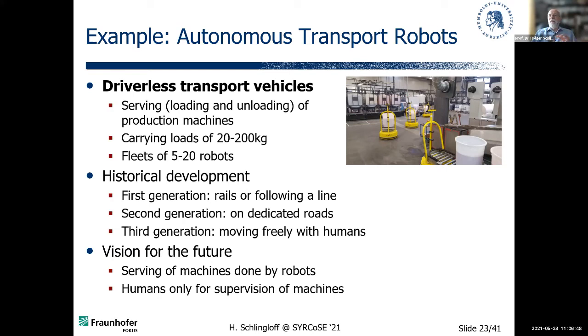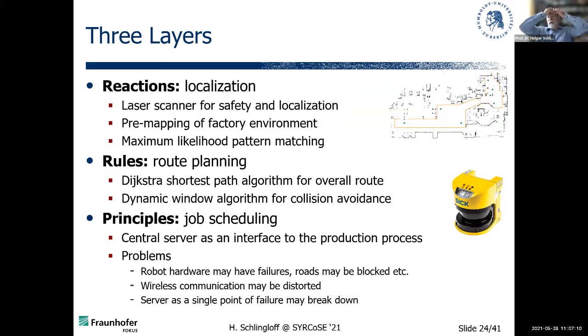It's not the task of the human to step out of the way of the robot. So my vision is that the servicing of machines will be completely done by robots, also in exceptional cases, if there are roadblocks or damaged robots and so on, and that humans are only for the supervision of these machines. So how did we implement the 3 layers in these robots?